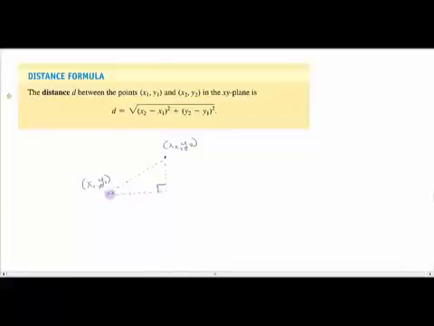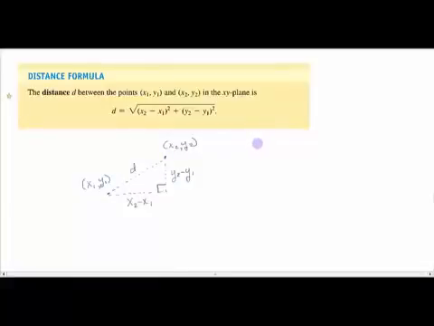Now the length of this side is going to be x2 minus x1. The length of this side is going to be y2 minus y1. So now we need to find out the length of this side. We'll call it d, which is the distance between those 2 points.